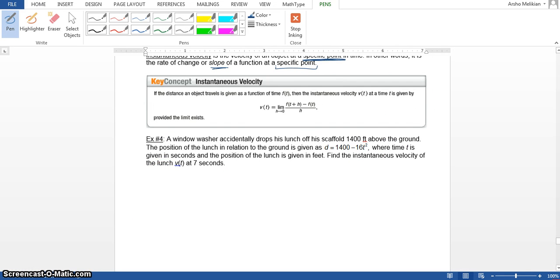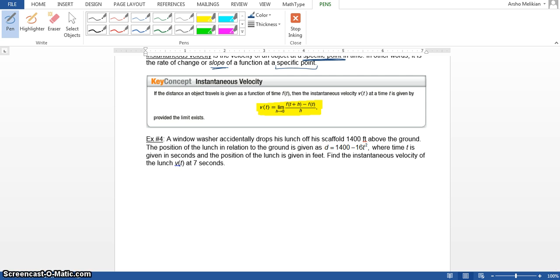All right, so let's look at this example. To find instantaneous velocity at a certain point, we're going to use the limit as h approaches 0. Okay? So same thing as we did before. We are modifying the limit somewhat to reflect t for time. Okay? So it applies to our problems here.